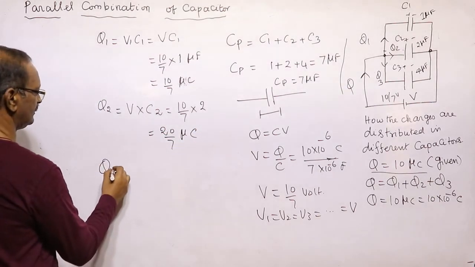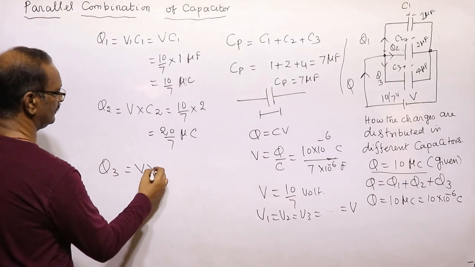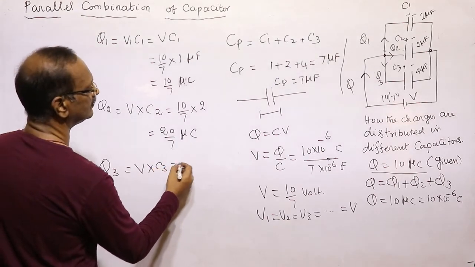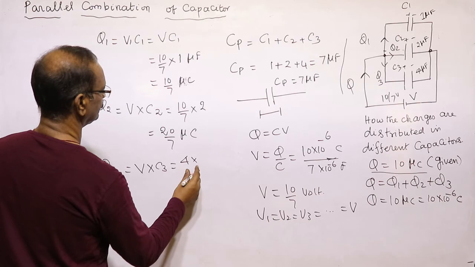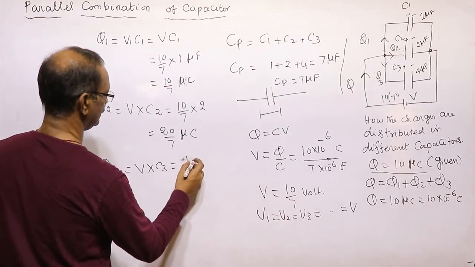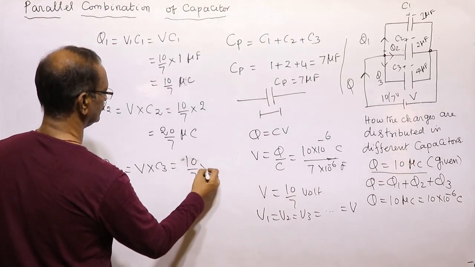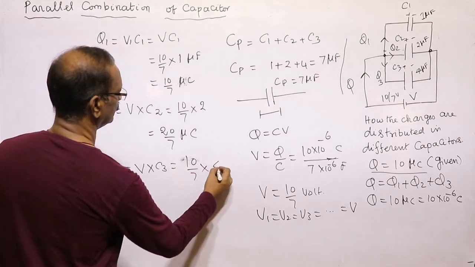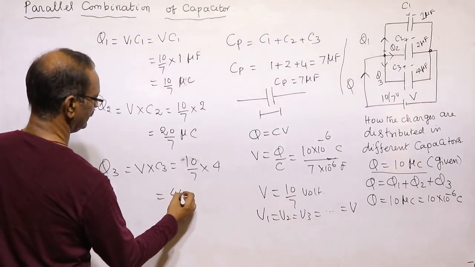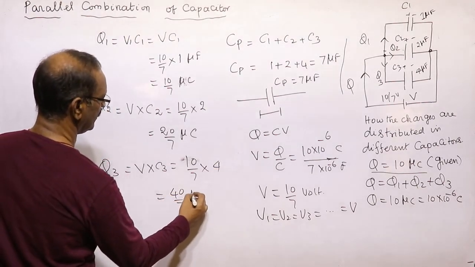And the charge in the third one is V into C3, which is 10 by 7 into 4, equal to 40 by 7 microcoulomb.